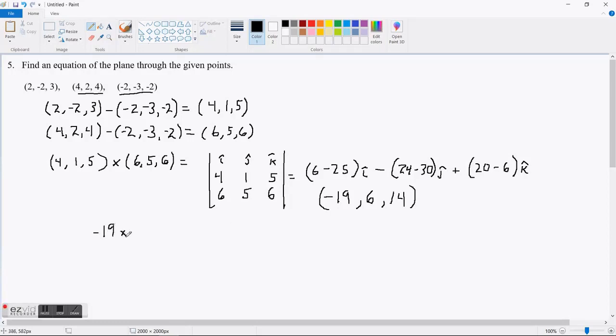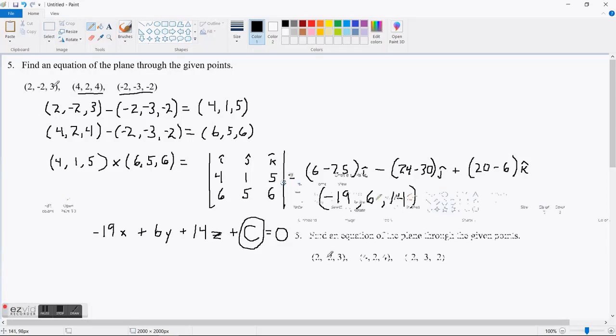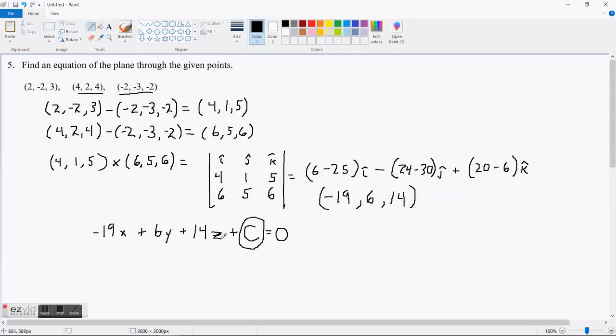Okay, so we now know that the equation of the plane will be negative 19x plus 6y plus 14z plus some constant that we don't know yet equals 0. And to solve for that constant, the constant c, we just need to put any one of the 3 points up above in the equation we have for x, y, and z, and then solve for c.